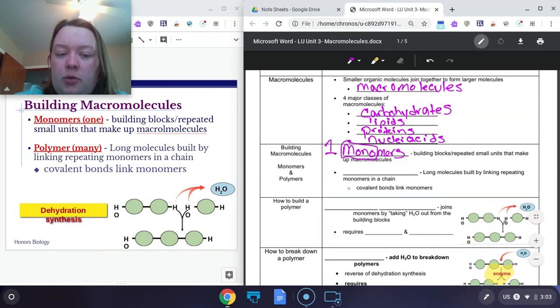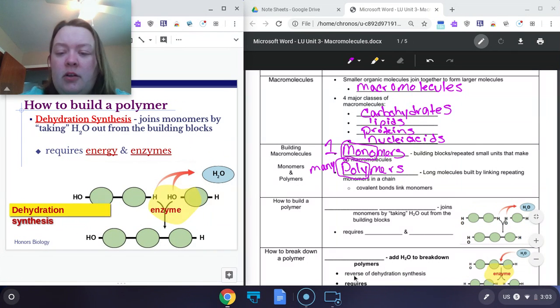Many monomers come together to create polymers, and the prefix poly means many. So many monomers form a polymer, which is known as a large macromolecule. Carbohydrates, lipids, proteins, and nucleic acids are polymers because they are made up of many monomers joined together.